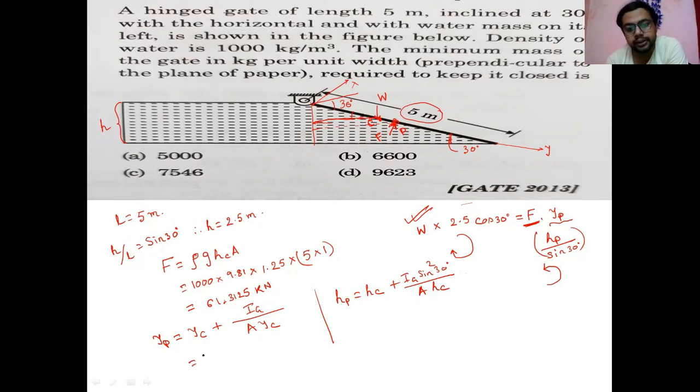So yc is already 2.5, because along this, C is at 2.5 from here. C is at 2.5, here is the P location. So 2.5 plus Ic, Ig. So what is the second moment?